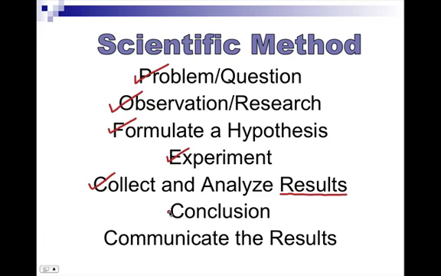Data in science can be demonstrated in a chart, a graph, or a table. A lot of times it involves lots of numbers or percents, and so that's how we show data. Finally, we're going to draw a conclusion, and then we're going to communicate these results or share them with the rest of the world. So those are the 7 steps to the scientific method, and we're going to go through them individually.